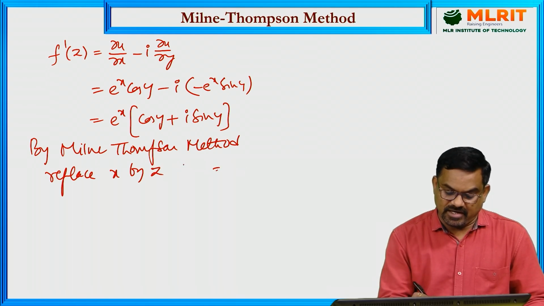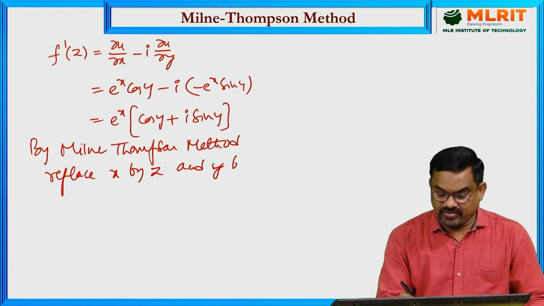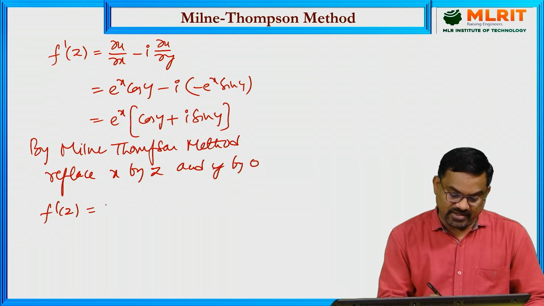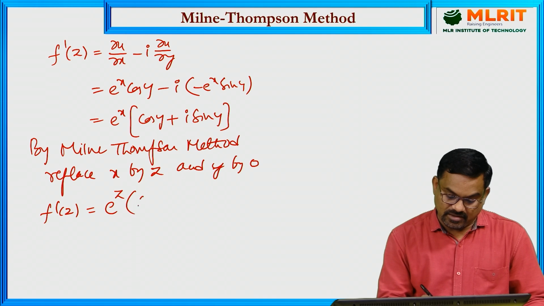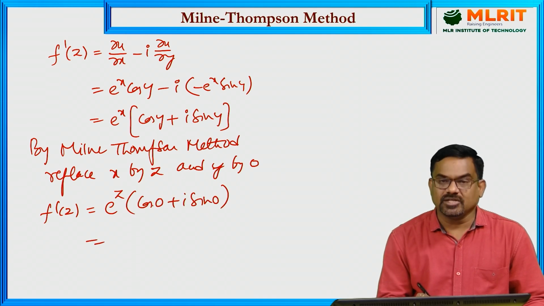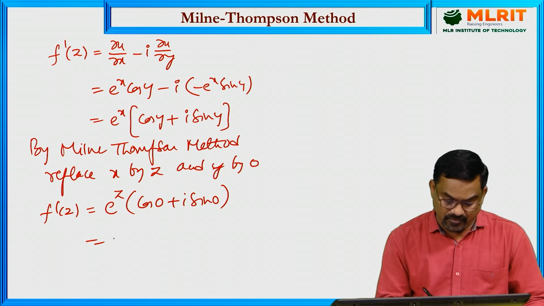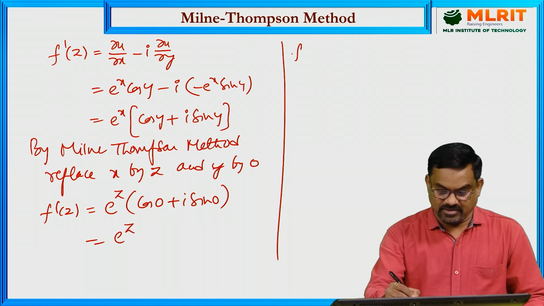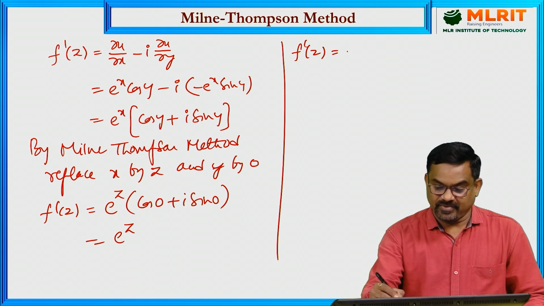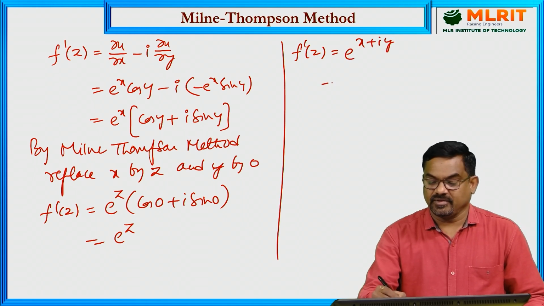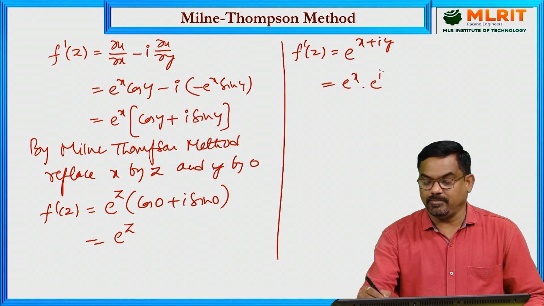x by z and y by 0. Then f dash z becomes e power z into cos 0 plus i sin 0. So cos 0 is 1, sin 0 is 0. So we get e power z. So that means f dash z equal to e power x plus iy, which is e power x into e power iy.